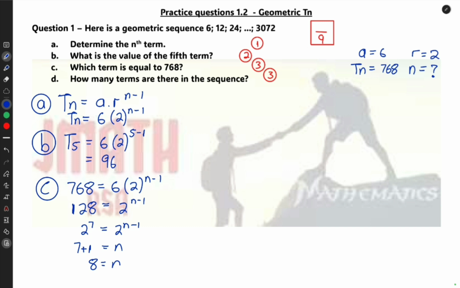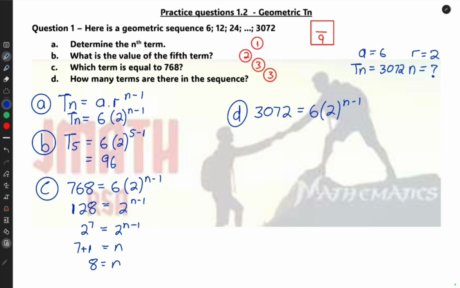Question D, how many terms are there in the sequence? Now I know the sequence goes up until 3072, and that would then be my Tn value, 3072. And now I can just do exactly the same as question C to figure out how many terms there are. So 3072 is equal to 6 times 2 to the power n minus 1.